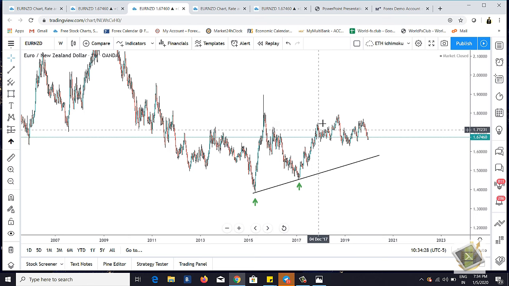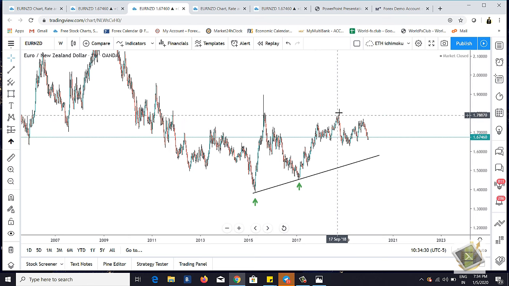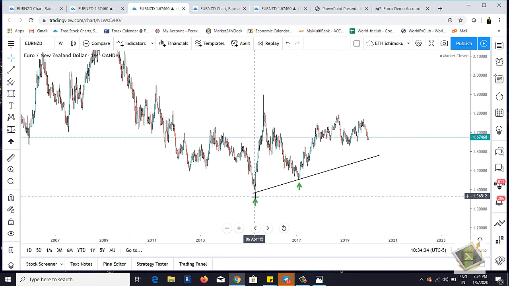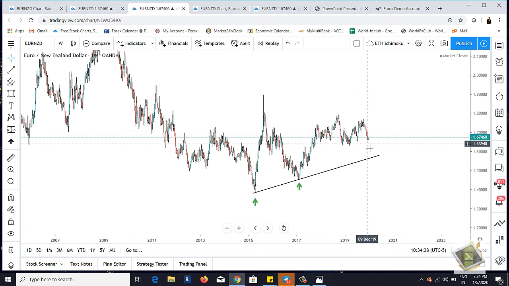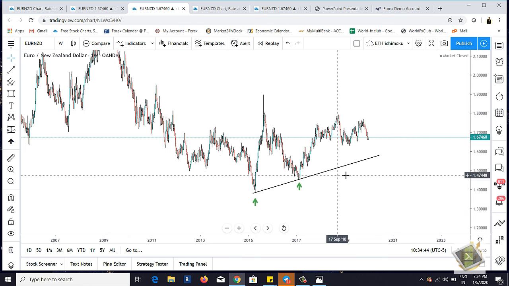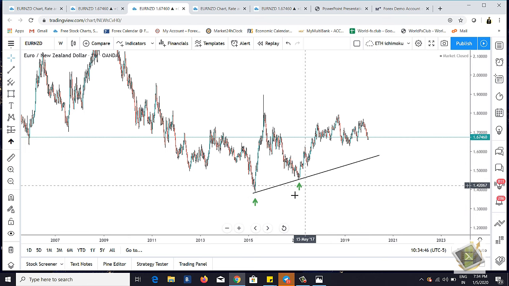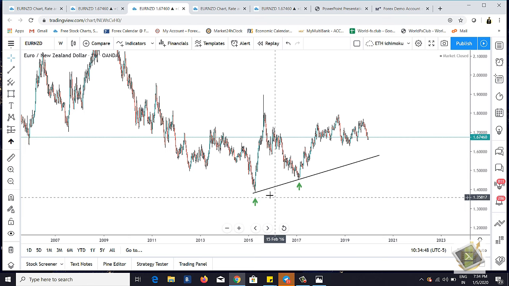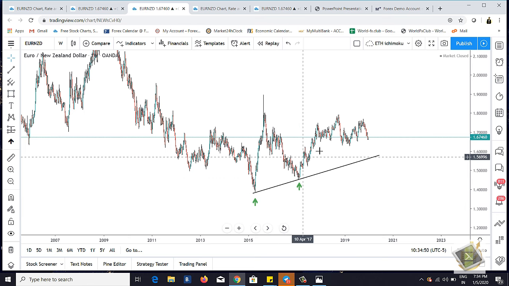This was the previous high and it made another high, so this is a higher high, and this is a higher low. Now if it goes down here, it can be another higher low. These are a few things that you need to understand, and they can give you an idea that price is trying to go up.